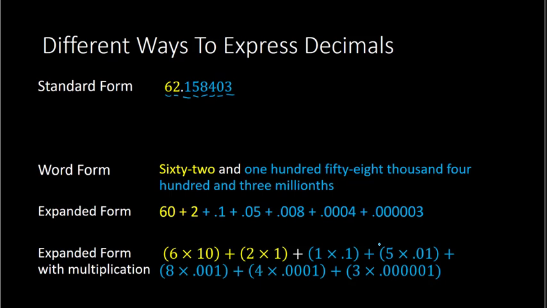Now, probably the most common way of writing, other than standard form, would be in what is called fraction form. So what we're doing is we're taking the decimal component and writing that as a fraction. So we said that this 3 is in the millionths place, right?